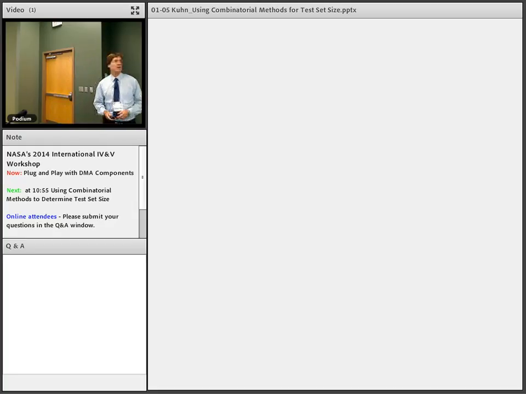This is spacecraft software, about 7,500 tests. And looking at the coverage of that, you might have seen this before. So the red line says that we've covered a very high proportion of the two-way combinations. The blue line is three-way combinations, so we've covered a fairly high proportion of that.